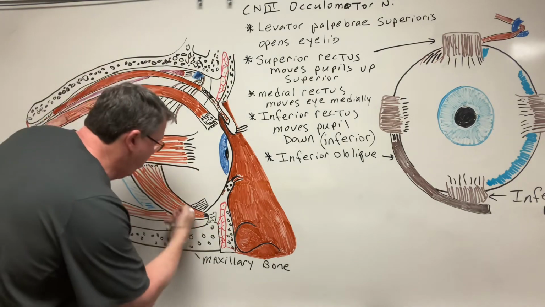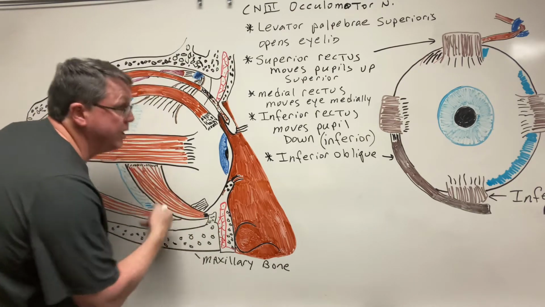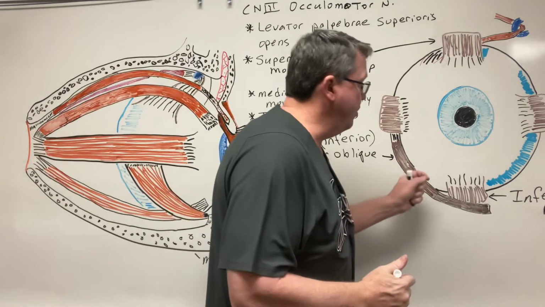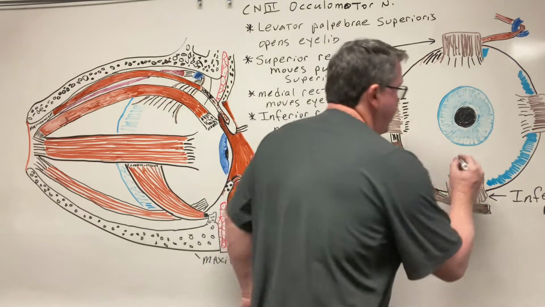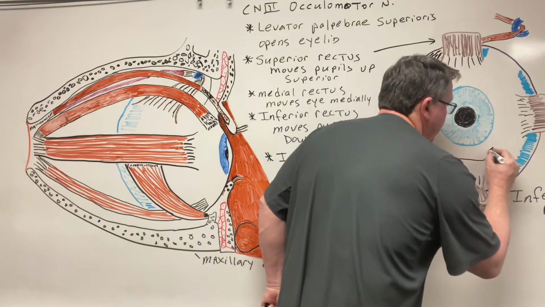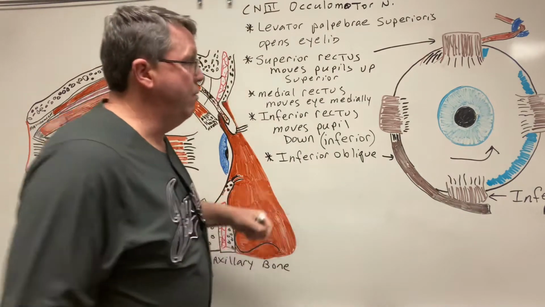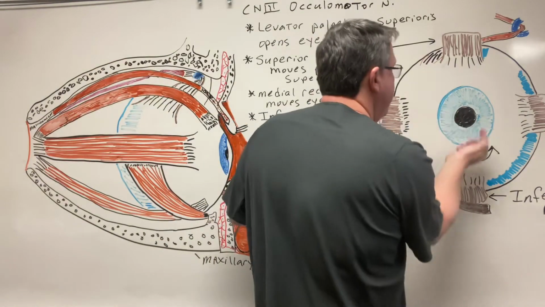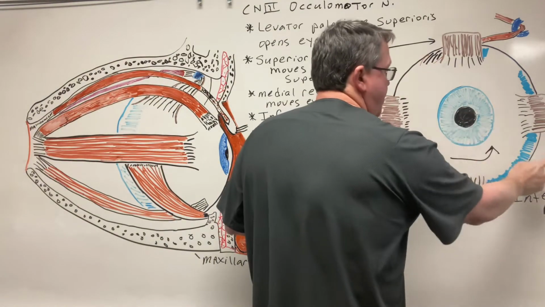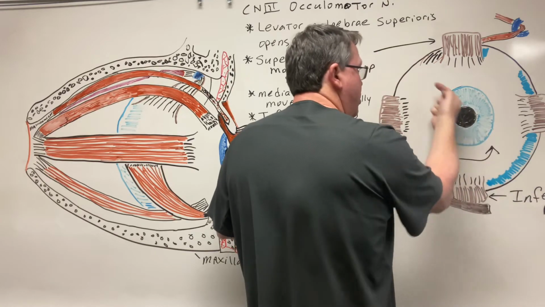So when this pulls, it's going to pull this way, which is going to cause the pupil to go up and that way. The pupil continues up and it goes here. Remember, my nose is there, so it's going to go this way.